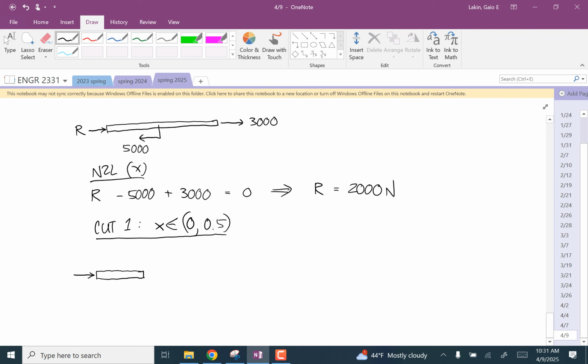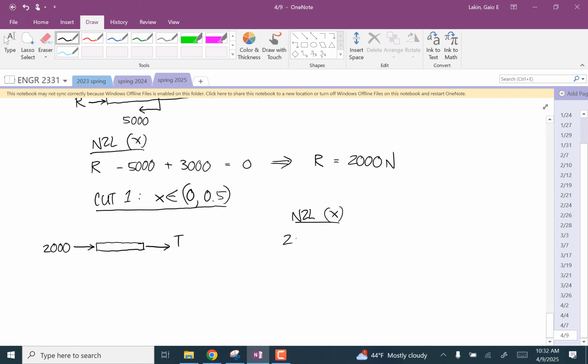We have a 2,000 Newton force this way. We haven't gotten to the 5,000 yet, so the only other thing we have is an internal load. And so Newton's second law in the x direction says 2,000 plus T is equal to 0. So T is equal to negative 2,000.